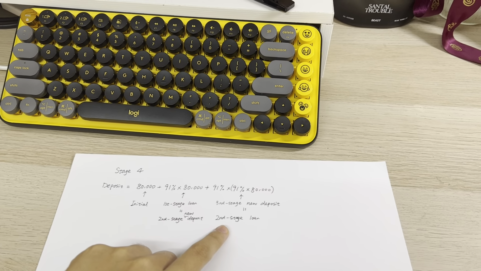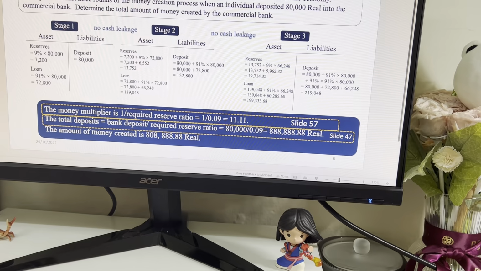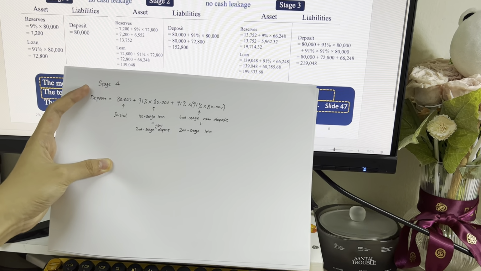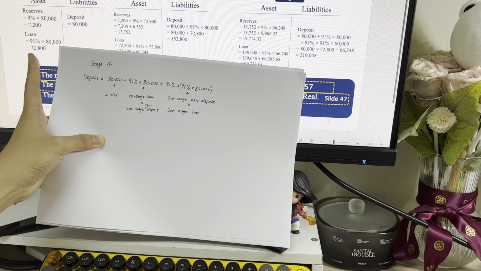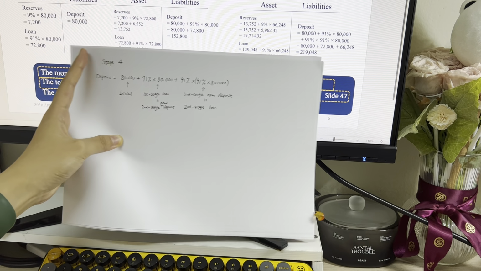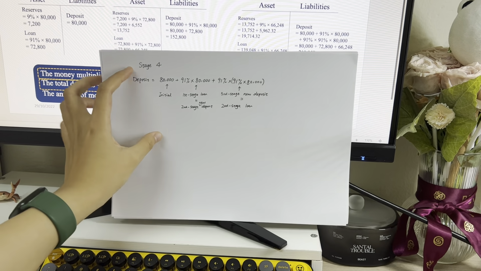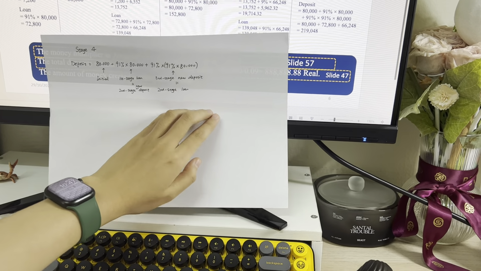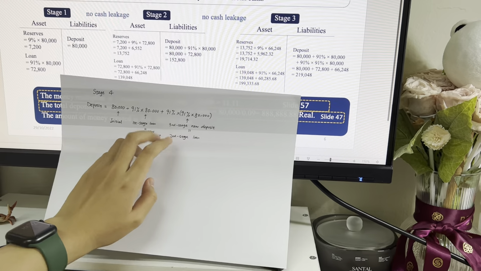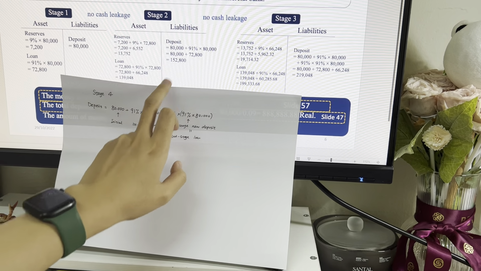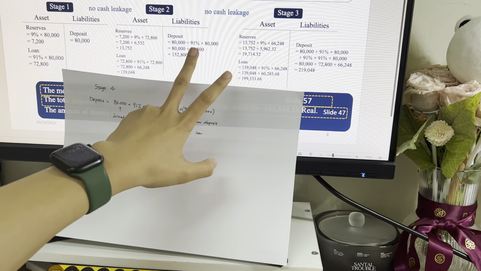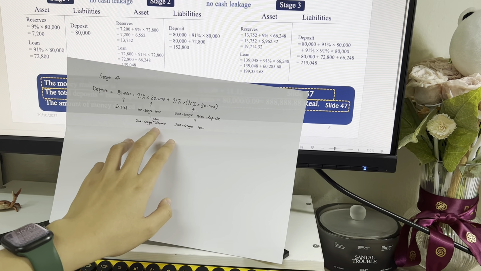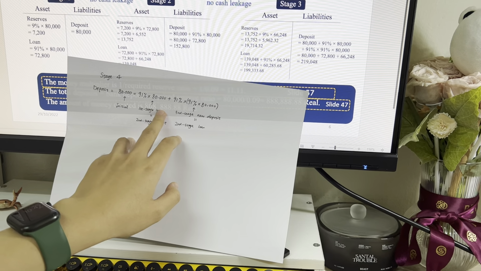Sorry. Okay, here you see in stage 1 we have this amount of loan, so in stage 2 we have the initial like this, and the second stage new deposit, which is equal to the first stage loan.